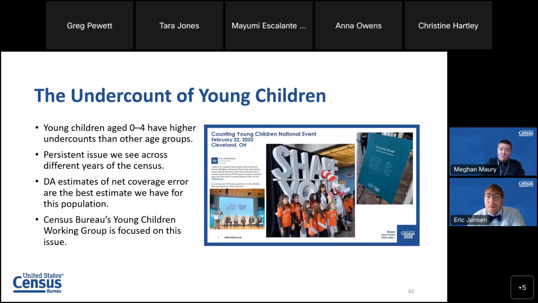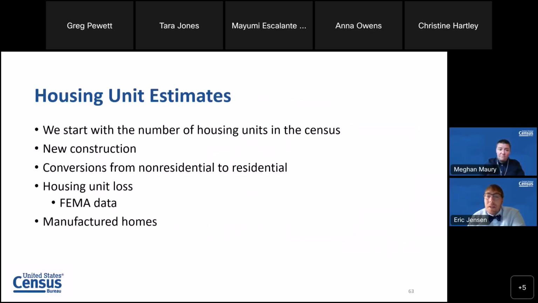Next slide. So finally, I want to mention another way that we use administrative data in the population estimates. I've so far been talking about population estimates, but we also produce estimates of housing units. To do this, we start with data from the census on housing units, and then we account for new construction. Also, we account for conversions from non-residential to residential.